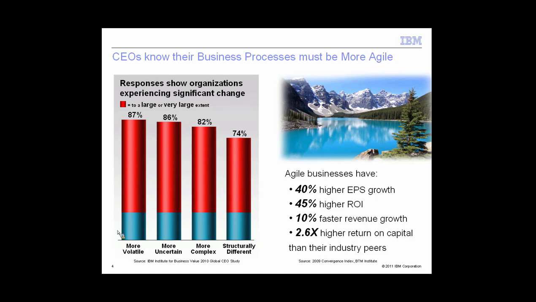And I think this one, from a business process improvement perspective, is particularly telling. So these are CEOs saying where they see, what you're seeing in red here is large or very large extent, and that their industries, that their markets are becoming more volatile, more uncertain, more complex, and more structurally different.